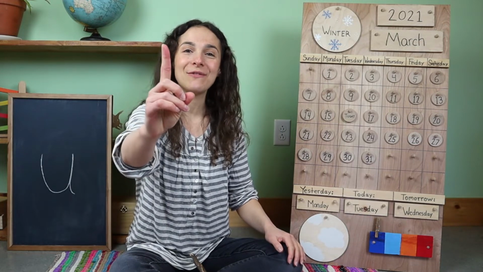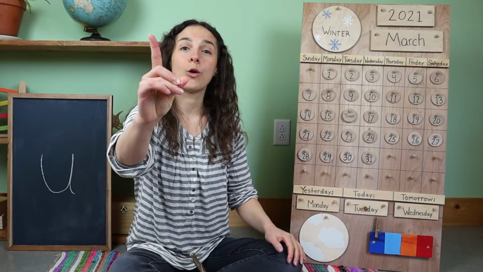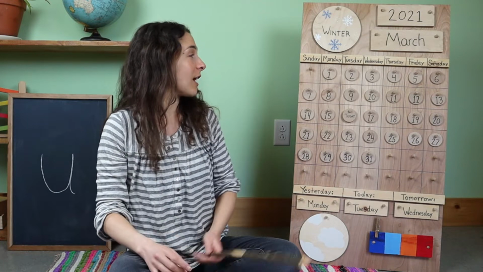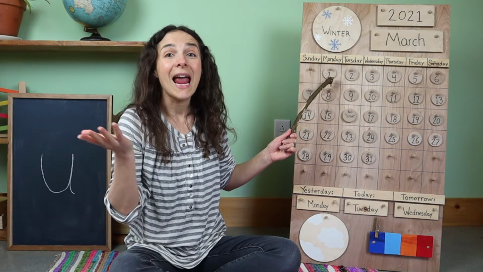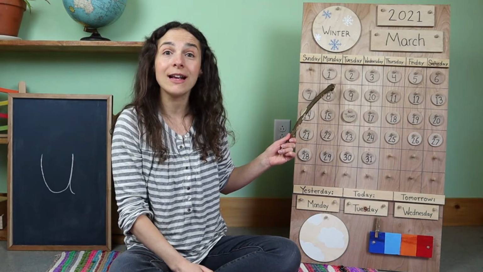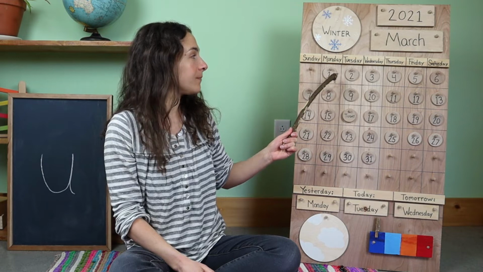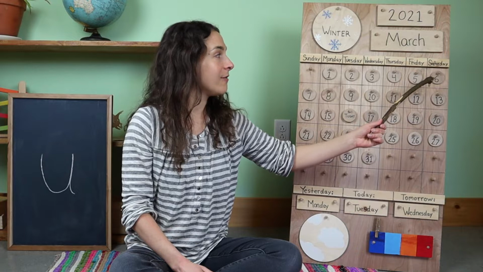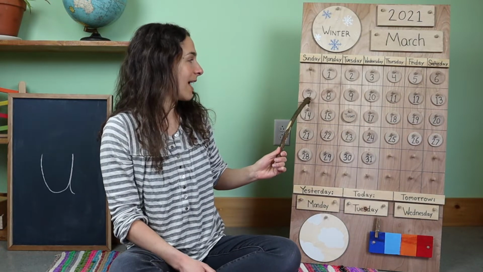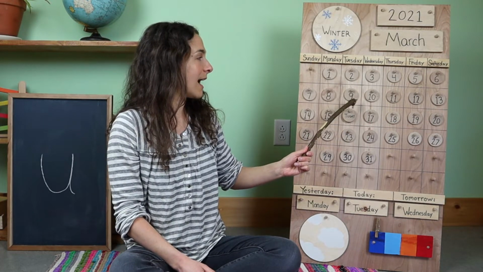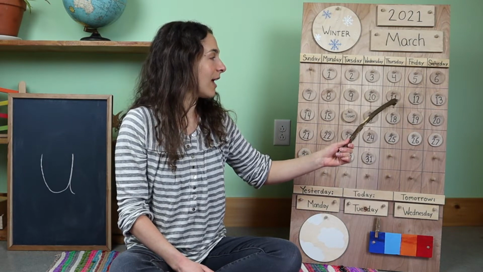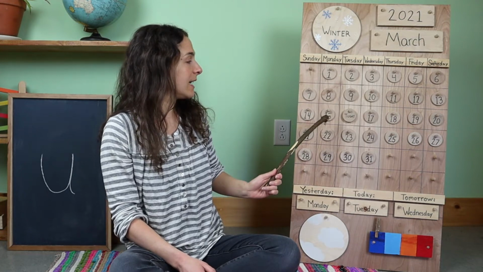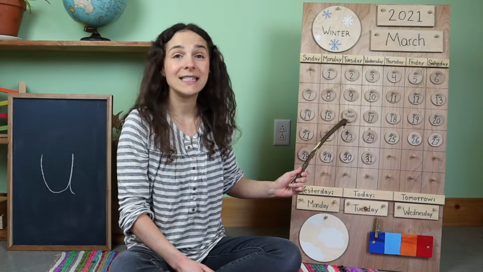Now it's time to count all of the days that we've had so far in the month of March. So can I see your counting fingers like this? And let's warm them up, give them a little stretch. We are going to start up here at the number 1. And let's see how many days we've had so far in the month of March. 1, 2, 3, 4, 5, 6, 7, 8, 9, 10, 11, 12, 13, 14, 15, 16.